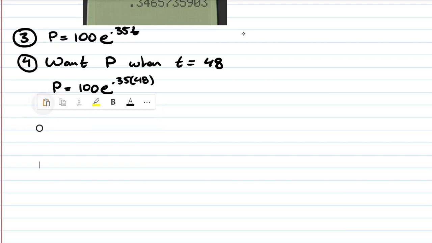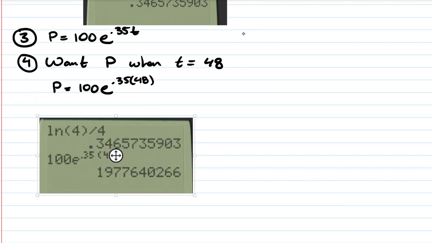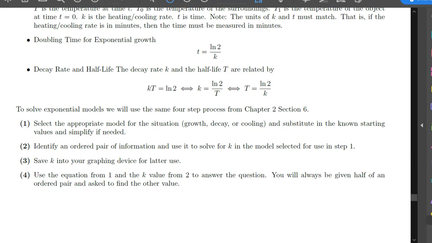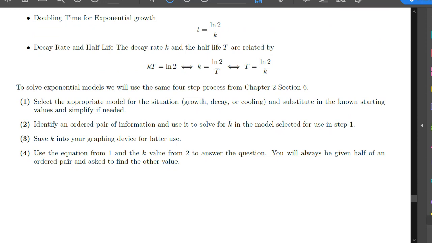and then it tells me that I am wrong. Well, let's talk for a second about why that might be the case. When we were looking at our four-step process, I actually didn't do this part right here. It said, save k into your graphing device to use for later.